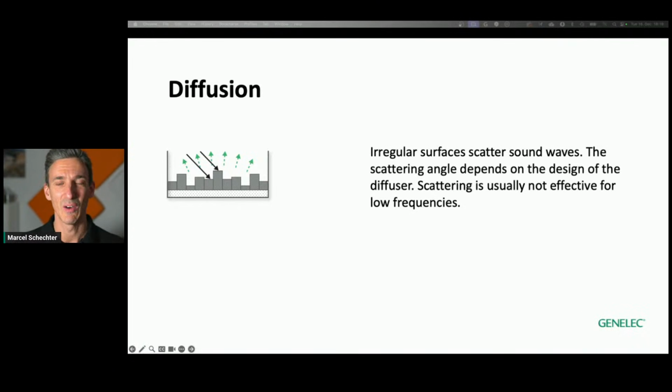So a wavelength of 2, 3, 4, 5 meters of course is not influenced at all by a diffuser. So diffusion is working for high frequencies and mid frequencies, and can be used, for example, to get a smaller room a little more lively.